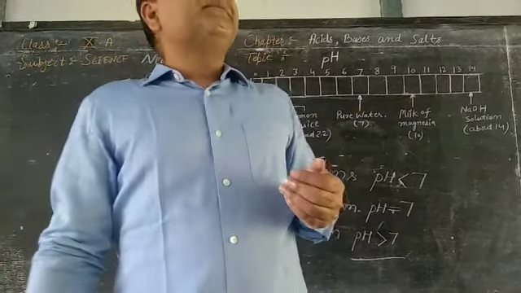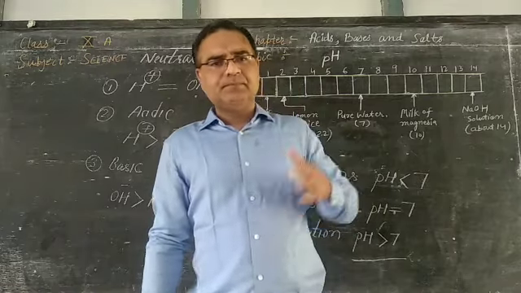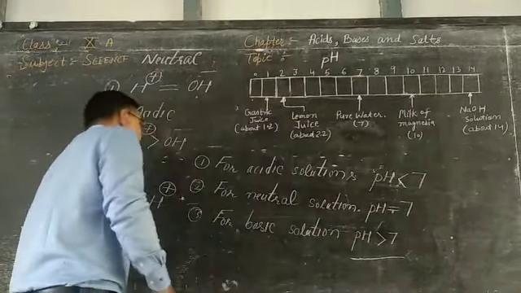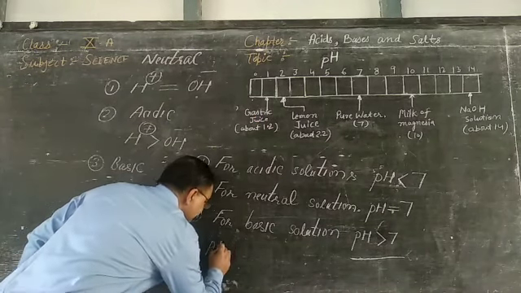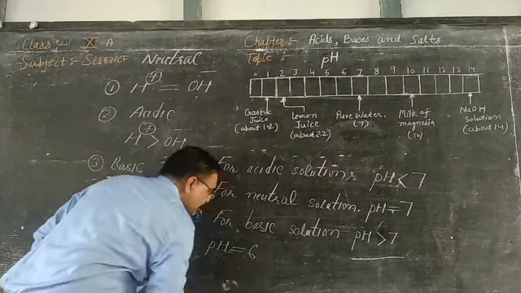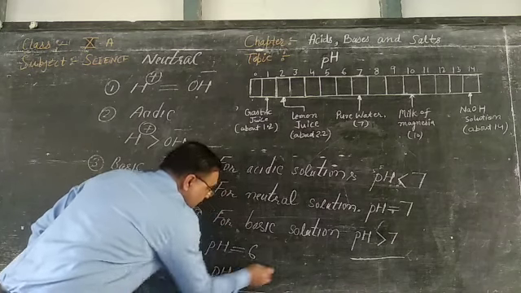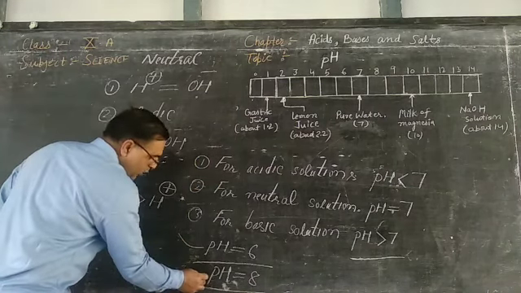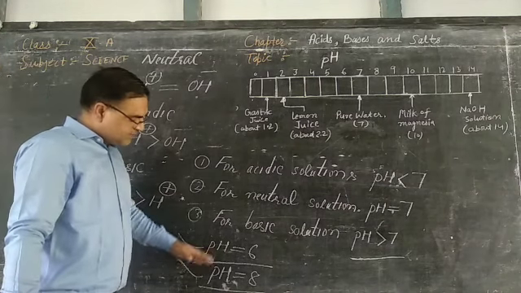For example, if we consider two solutions, one solution whose pH value is 6 and another solution whose pH value is 8, right? Out of these two solutions, which solution has more H+ ion concentration?